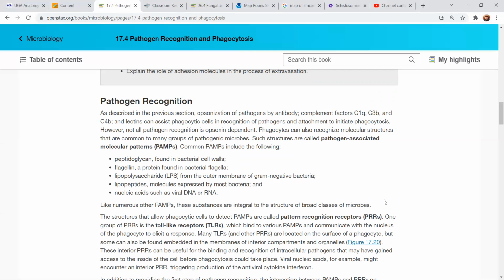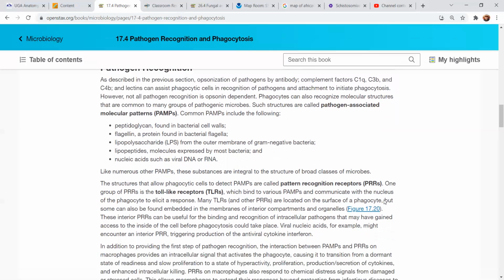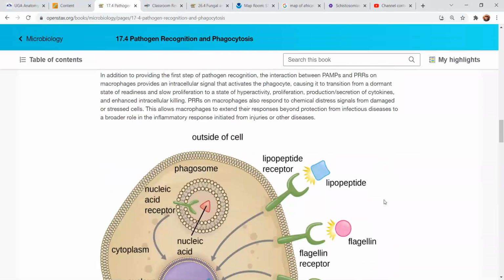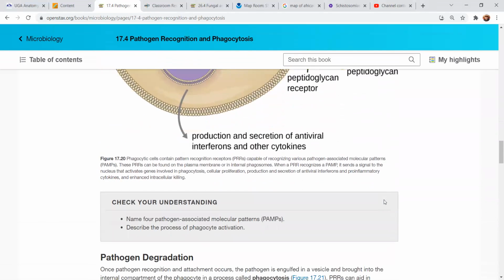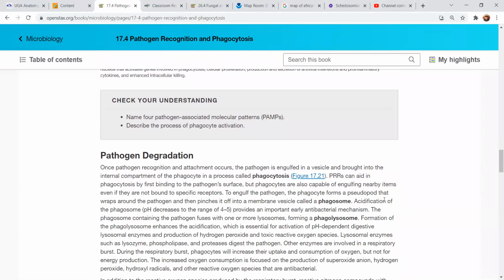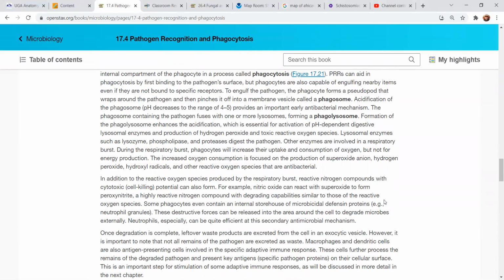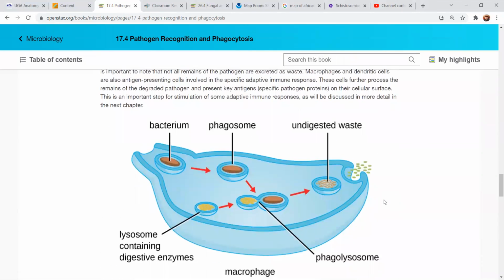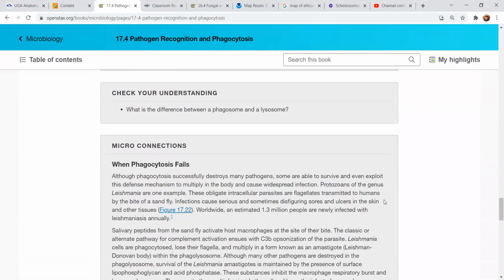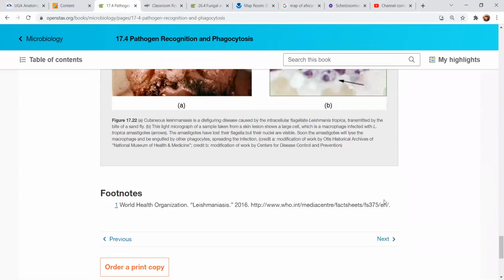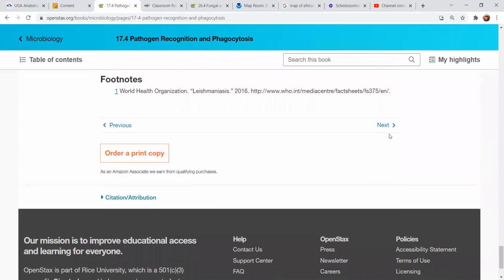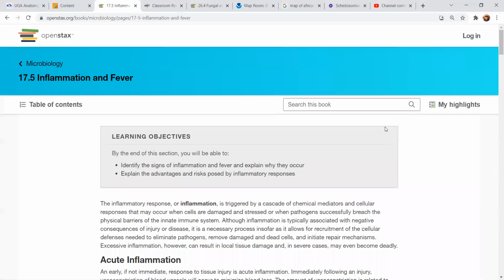And so basically they allow our cells to recognize those as being foreign so that they know that they can seek them out to destroy them. And that, of course, is called phagocytosis. And I'm not going to talk about all of those. You can read through those steps on your own.